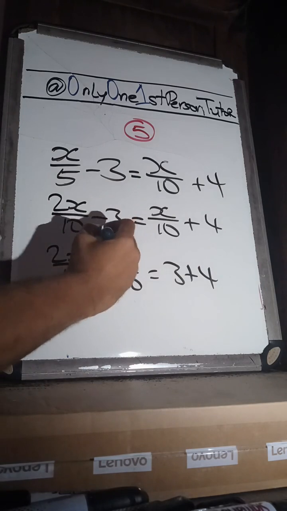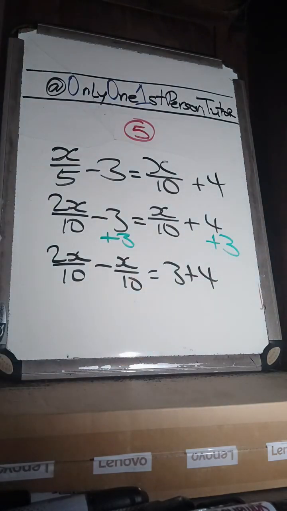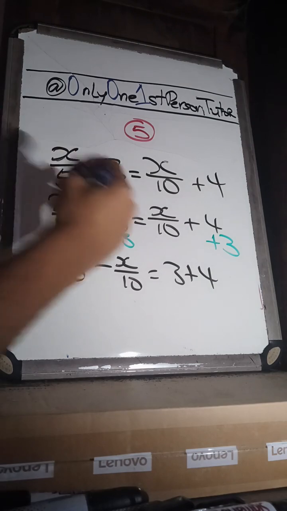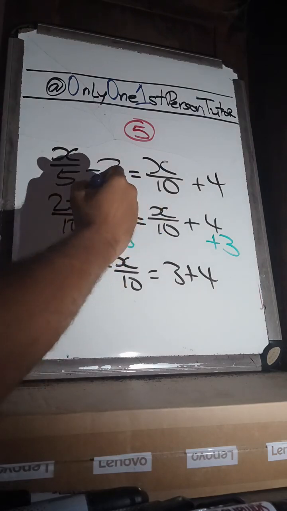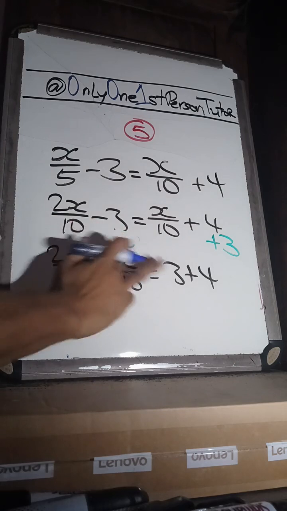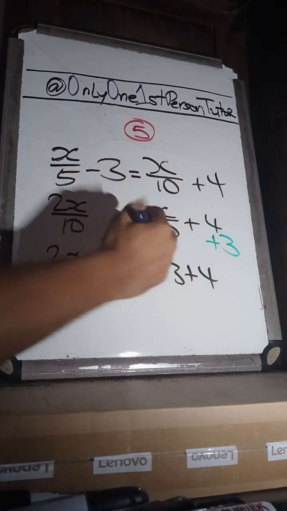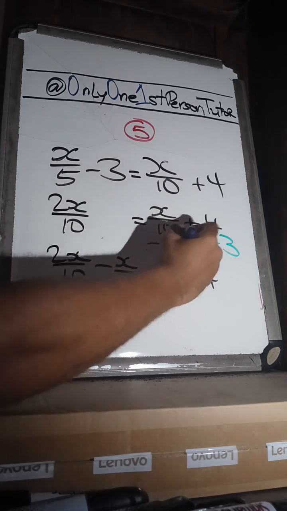So what happened was this. And then of course what also happened was, well, we did that first, right? So 3 minus 3 is a 0. And now the next thing we did was this.